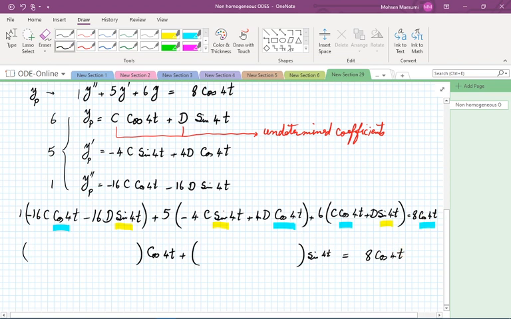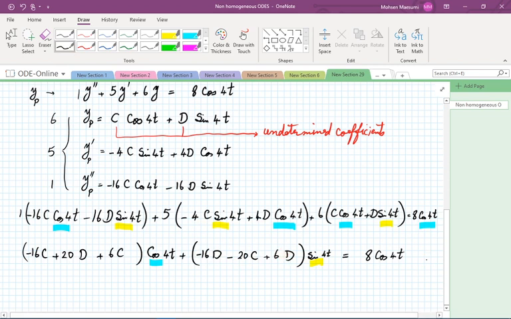So what do I put here? Cosine of 4t, I put, of course, this is all the blue stuff. So I have minus 16c, and then plus 20d, and then here I have 6c. Now let's go ahead, collect all the yellow stuff. So I have minus 16d, and then minus 16d minus 20c, and then 6d again.